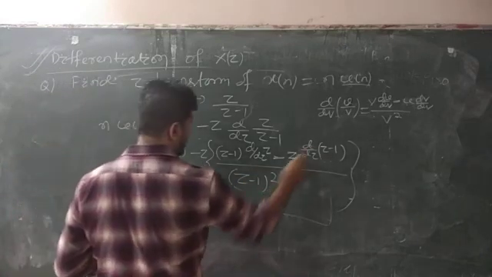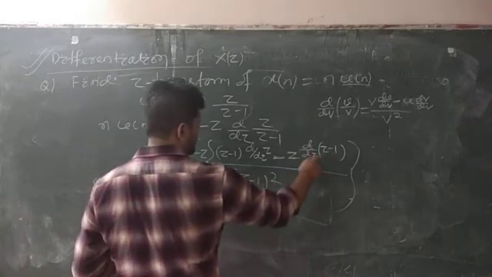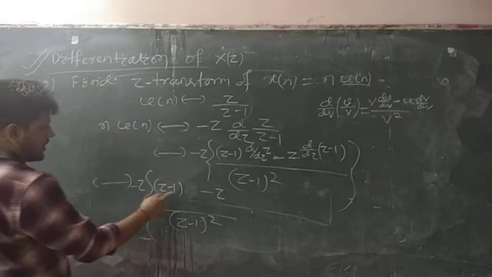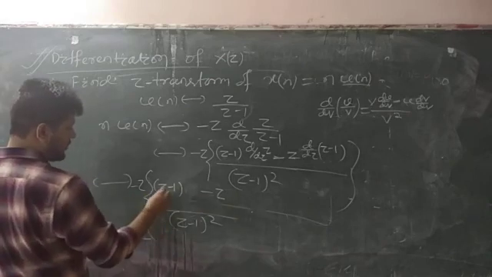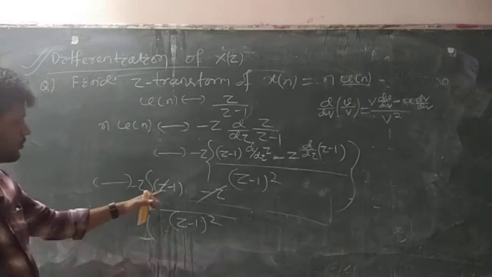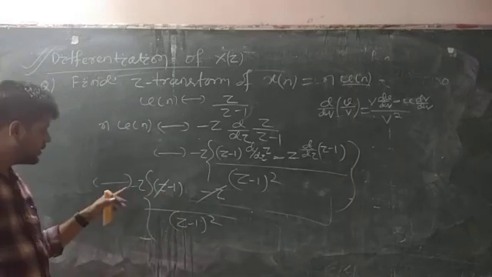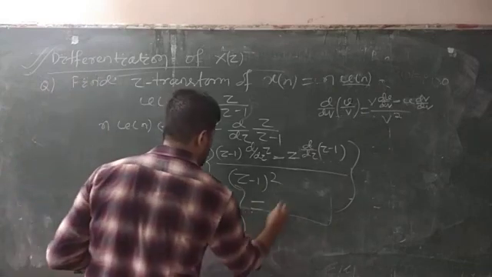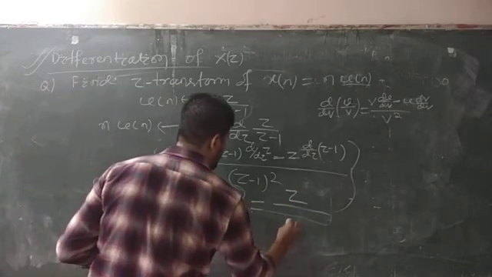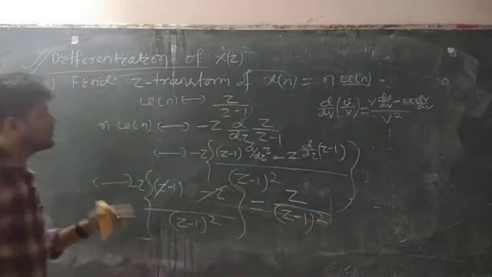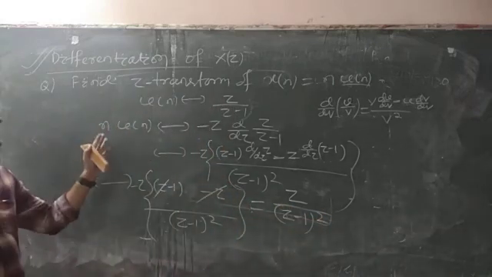The d by dz is obviously 1 with respect to z and 0 with respect to 1. So we have z minus 1 minus z. You can see this z and this minus z will cancel out. What is remaining is minus 1, which is multiplied with minus z. So the result will be z by z minus 1 whole square, with minus into minus z giving plus z. So this is the z transform of n u(n).